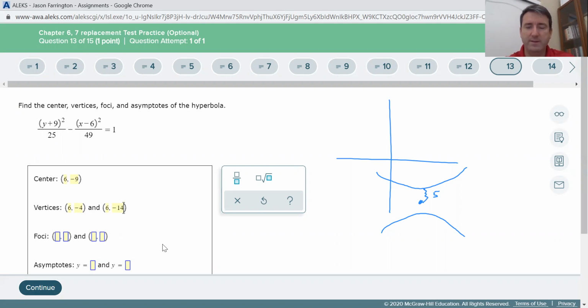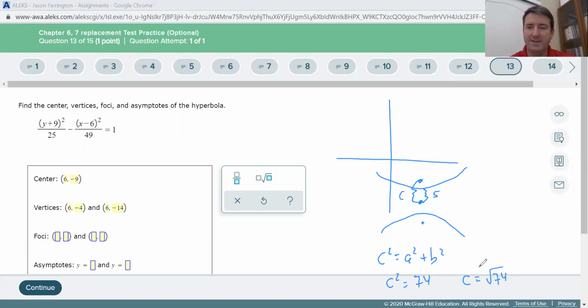All right. And then the foci, we've got the foci here and here, and this distance is c. In the case of a hyperbola, c squared is equal to a squared plus b squared. So c squared is equal to 49 plus 25, which is 74. So c is equal to the square root of 74.